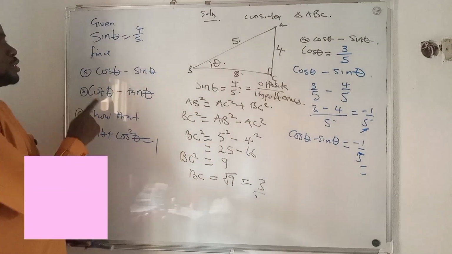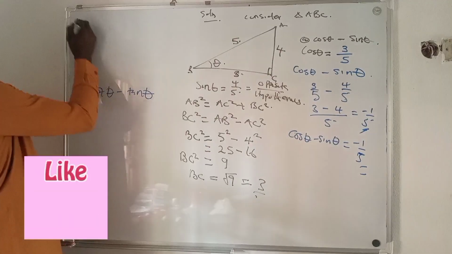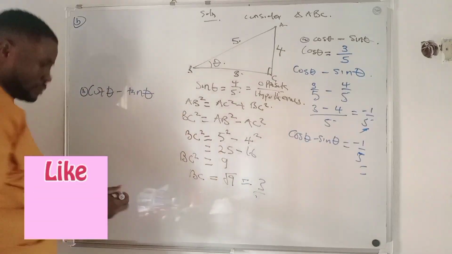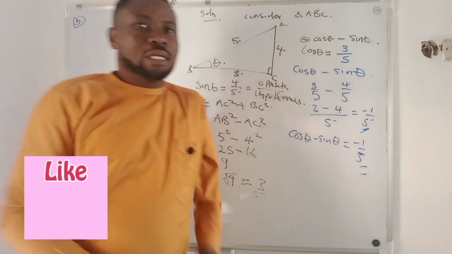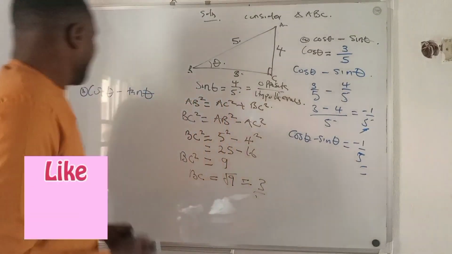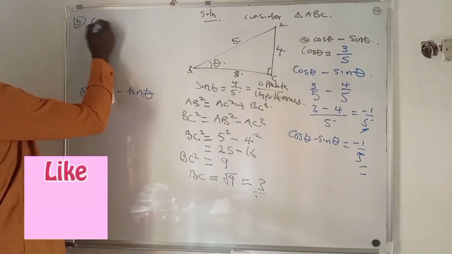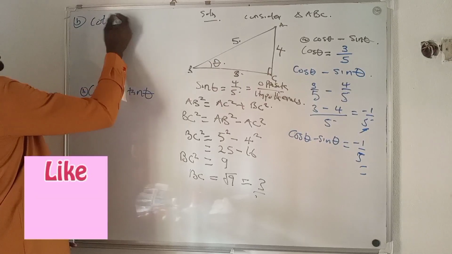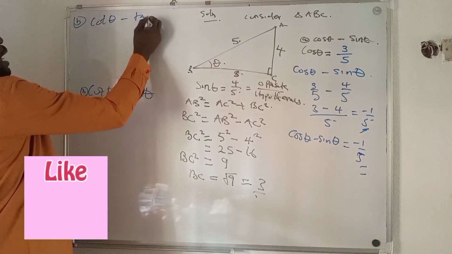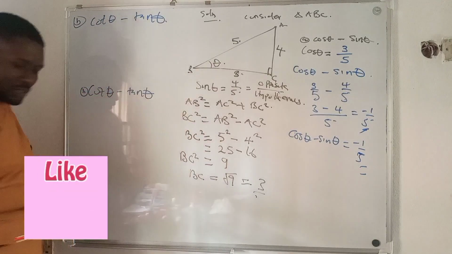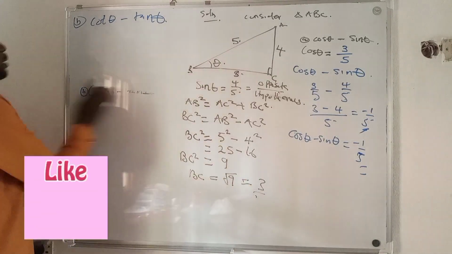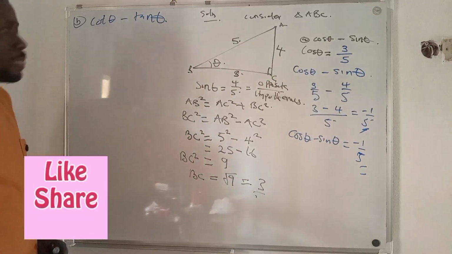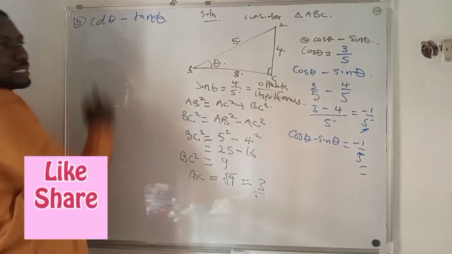Now that's the first question. Let's look at the second question. The second question is cot theta minus tan theta. Now we need to find out what cot theta is.